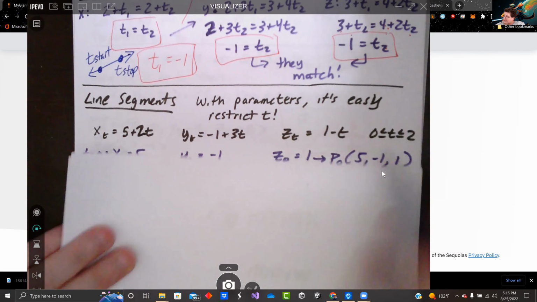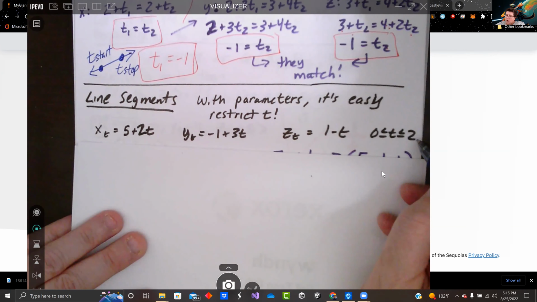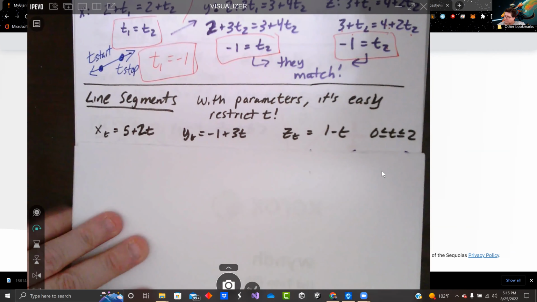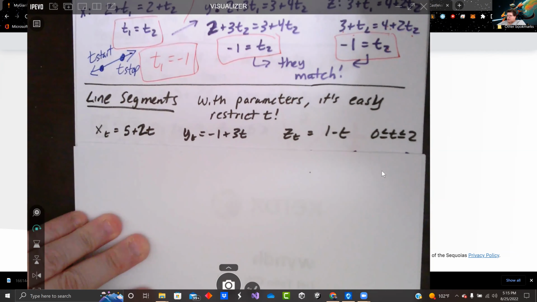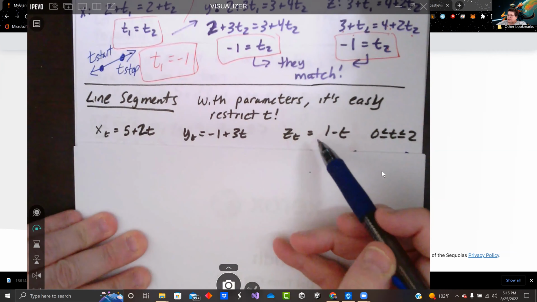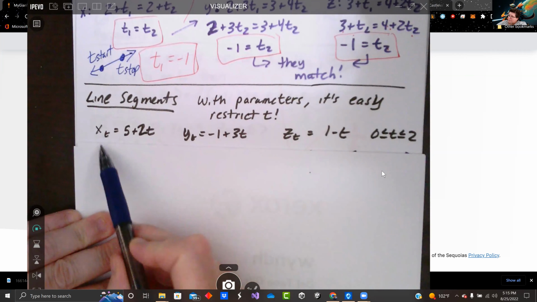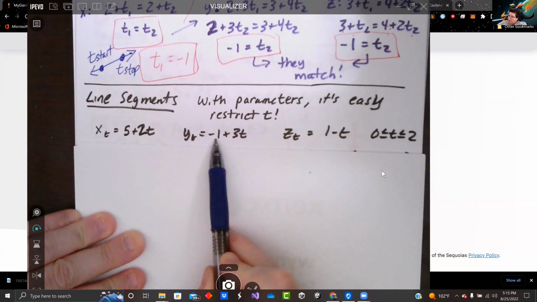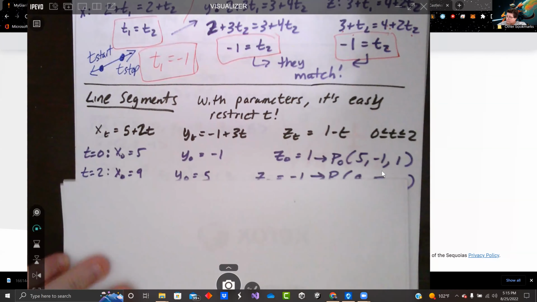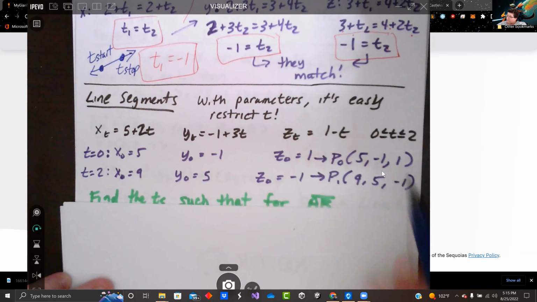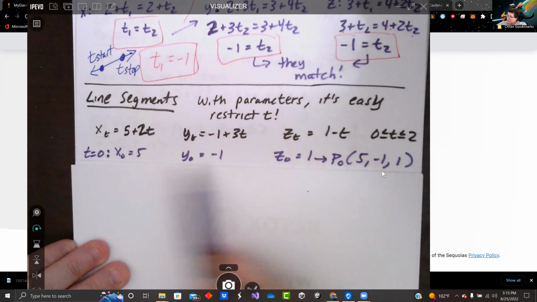So if I restrict t to go from 0 to 2, what does my line segment look like? So just plug in 0 for each of them at first. You'll see that our first point is 5, -1, and 1.